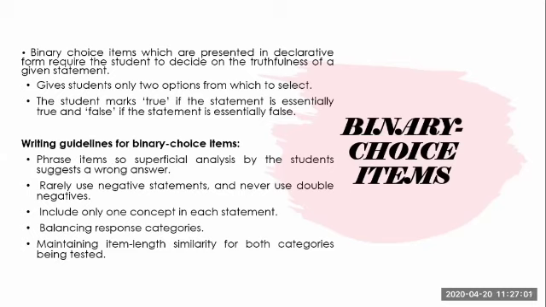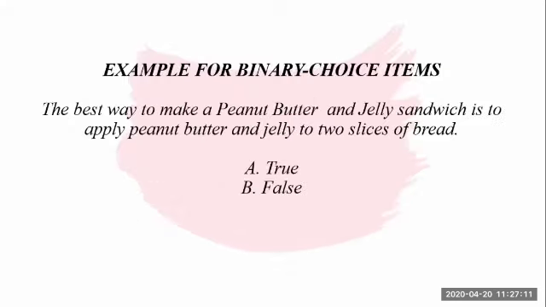Binary choice items also maintain item length similarity for both categories being tested, so there are no giveaway clues associated with item length.